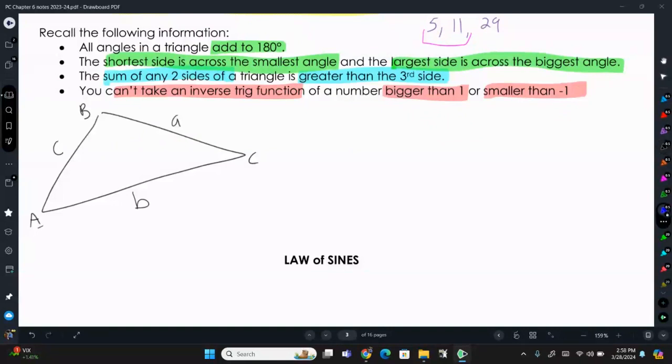Now, the law of sines, we use the law of sines when we have two angles and a side, whether that side is included or not included. Included means in between. So from geometry, we know we prove triangles by angle, side, angle, and angle, angle, side.